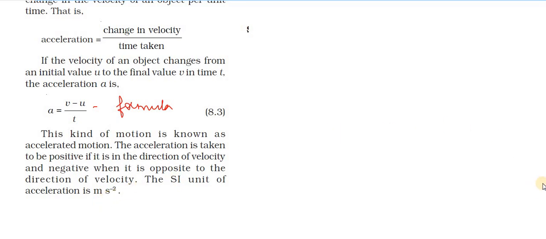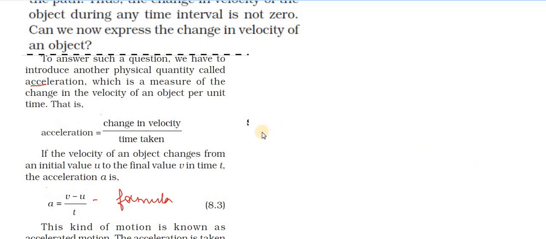So what is acceleration? Acceleration is nothing but the rate of change of velocity by time. We can define acceleration as the rate of change of velocity.